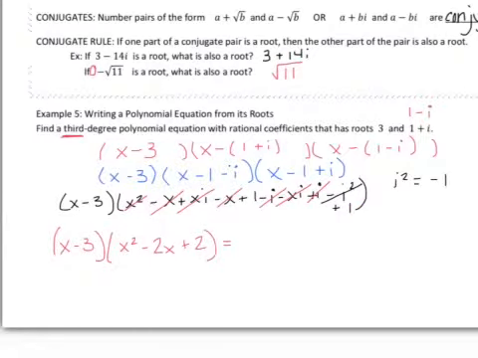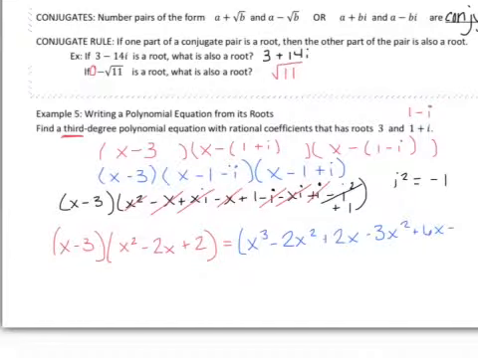This is good. Now we got to distribute down here. x times x squared is x cubed. x times negative 2x is negative 2x squared. x times 2 is plus 2x. Negative 3 times x squared is minus 3x squared. Negative 3 times negative 2x is plus 6x. Negative 3 times 2 is minus 6.